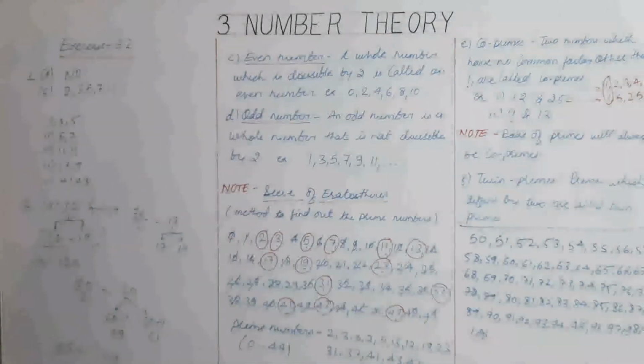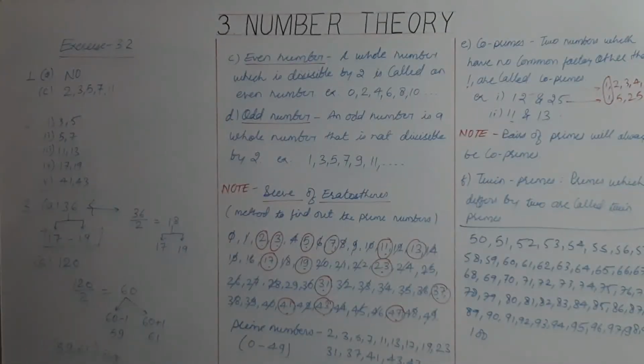So the first step is you have to write all numbers of the given range. The given range is 50 to 100, including 50 and 100, or exclude them. Write all numbers from 50 to 100.